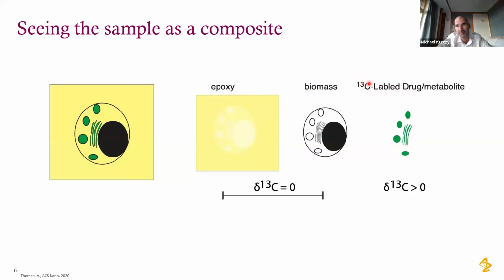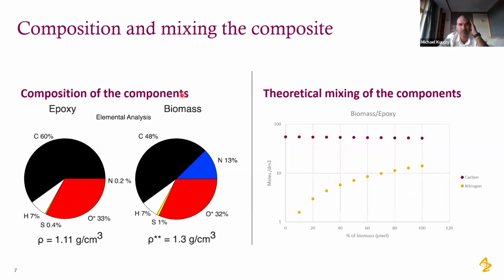And so in this example, it's carbon-13. The idea was, we wanted to know if we could use the epoxy as you would make a standard with a plasma or a blank tissue or something like that. And so we took a closer look at what these things were made of.